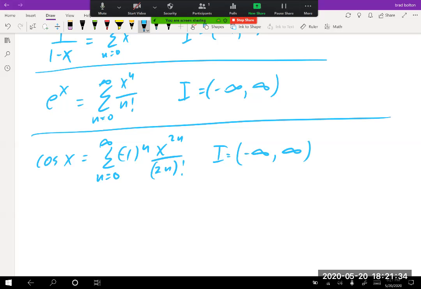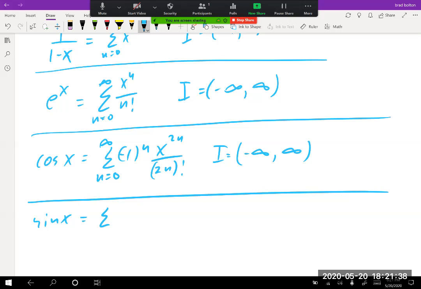Okay, let's do sine of x. And this would be n equals 0 to infinity of negative 1 to the n, x to the 2n plus 1 all over 2n plus 1 factorial. I'm not going to go through and do this one, but it would be done in a similar fashion. And this has an interval of convergence of negative infinity to infinity.